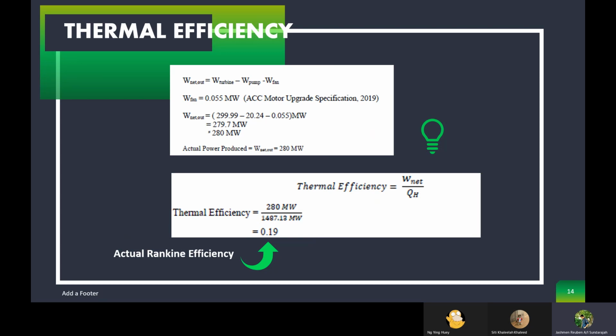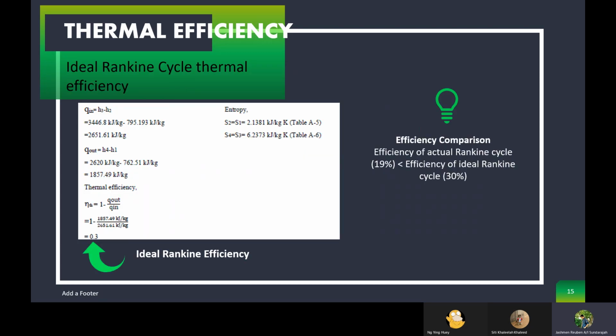This is the actual Rankine efficiency, where we designed the steam power plant in Aspen HYSYS in regards to the actual Rankine system. We can also analyze the steam power plant using the ideal Rankine cycle, where we use the entropy of the working fluid using the parameters available.